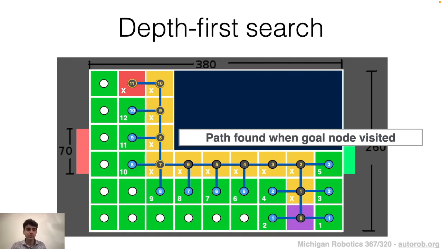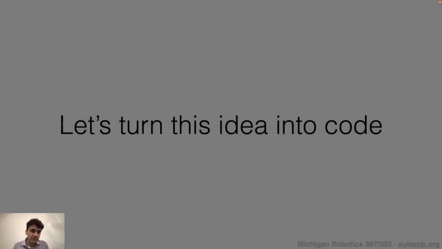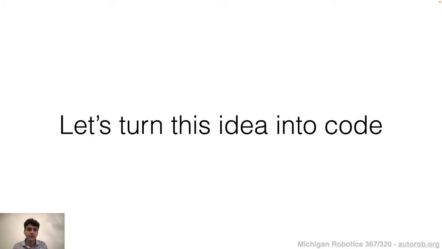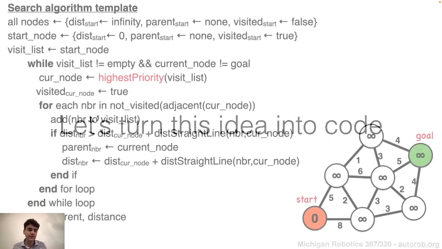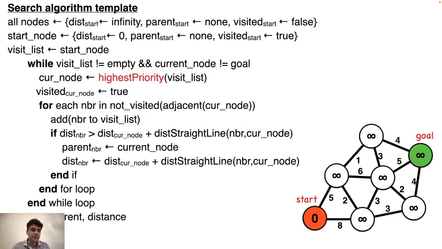So now that we've stepped through it iteration by iteration in this visual format, let's turn and try to convert this idea into some pseudocode that you could use if you wanted to implement this algorithm. I know this is a big block of code, but we're going to step through it in sections.